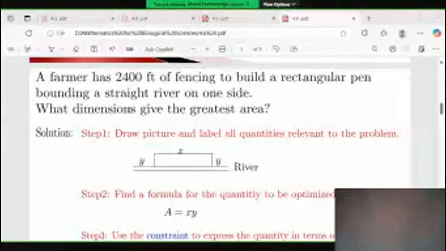Now the problem is how to maximize the area. He doesn't have enough fencing material, so with the available material, he wants to maximize the area covered by the fence. So he wants to optimize or maximize the area.